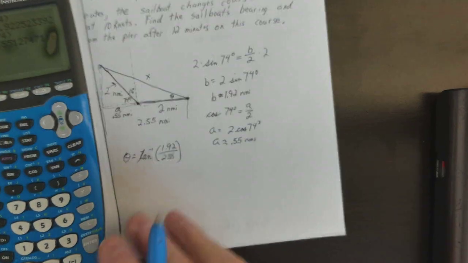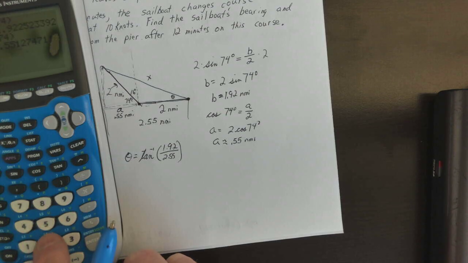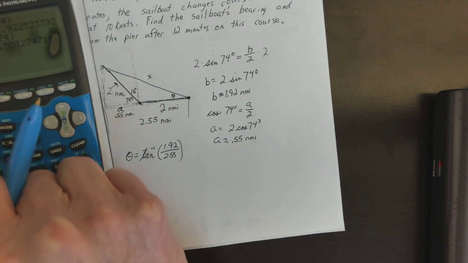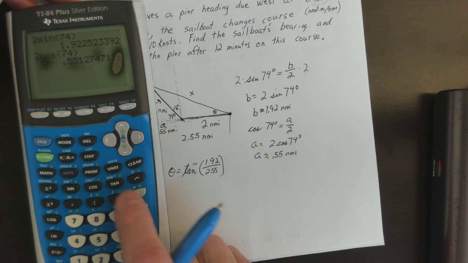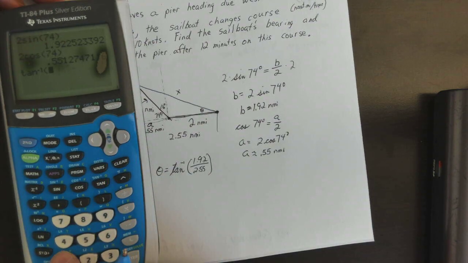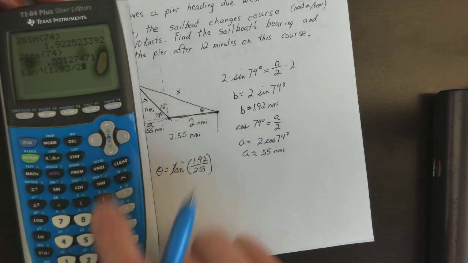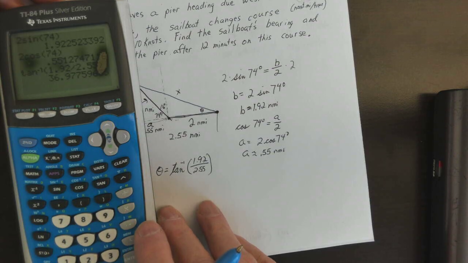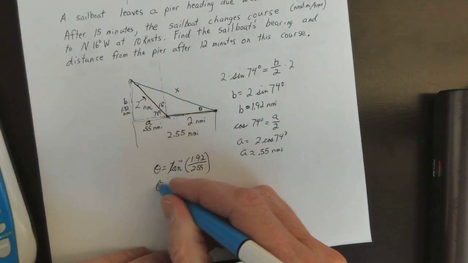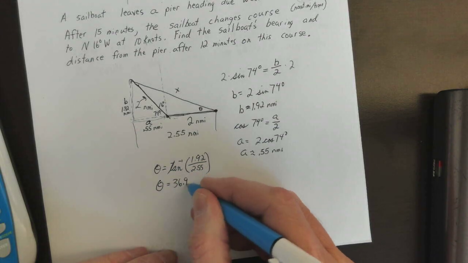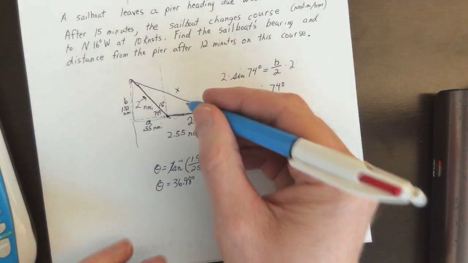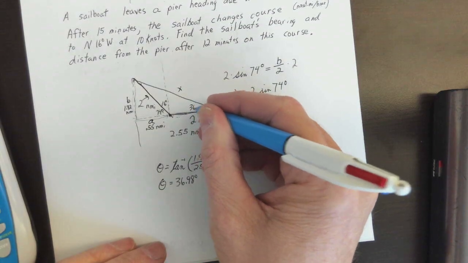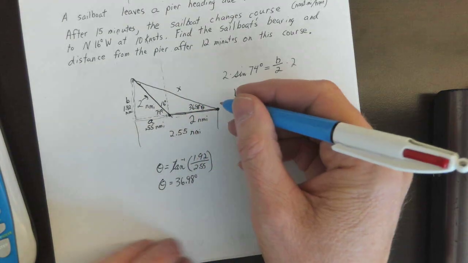All right, and then second tan 1.92 divided by 2.55 is 36.98 degrees. Okay, so this in here is a 36.98 degree angle.